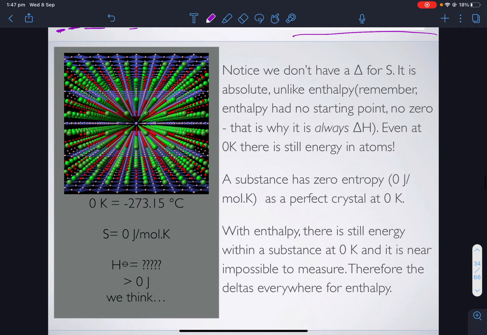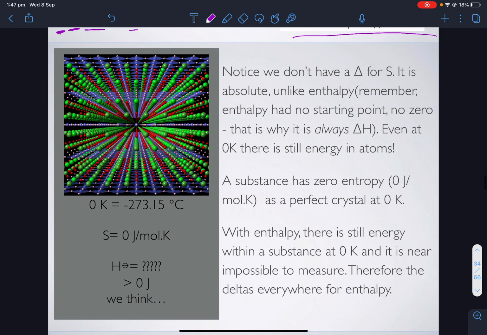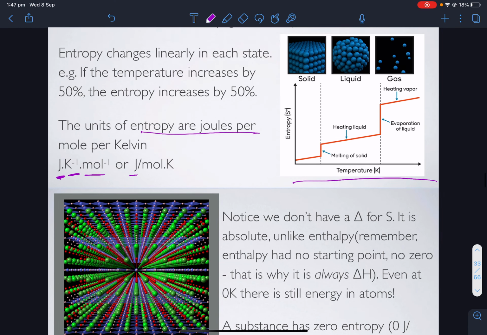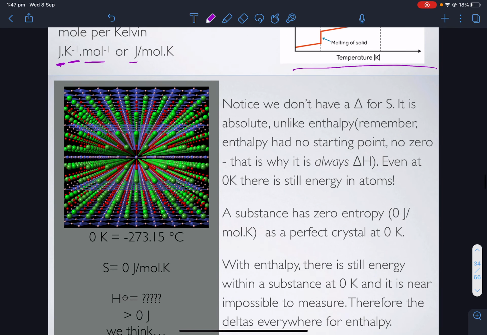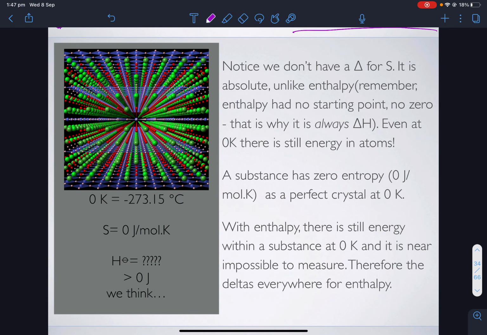Okay, all right. Notice we don't have a delta for S. Remember when we were dealing with enthalpy, we always talked about change in enthalpy. Here we'll talk about change in entropy from a reaction, but we can measure just S without the delta, okay?